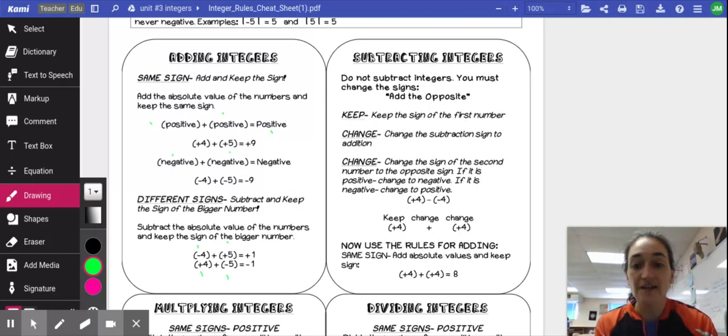In the example they have for you, they have a positive 4 that we're keeping. We're changing the subtraction to an addition, and it was a negative 4 for the second number that we're now changing to a positive. So instead of 4 minus negative 4, we have 4 plus positive 4, and 4 plus 4 equals 8. It's the same that you would get if you took positive 4 and subtracted negative 4. Subtracting negatives is gaining back positives.